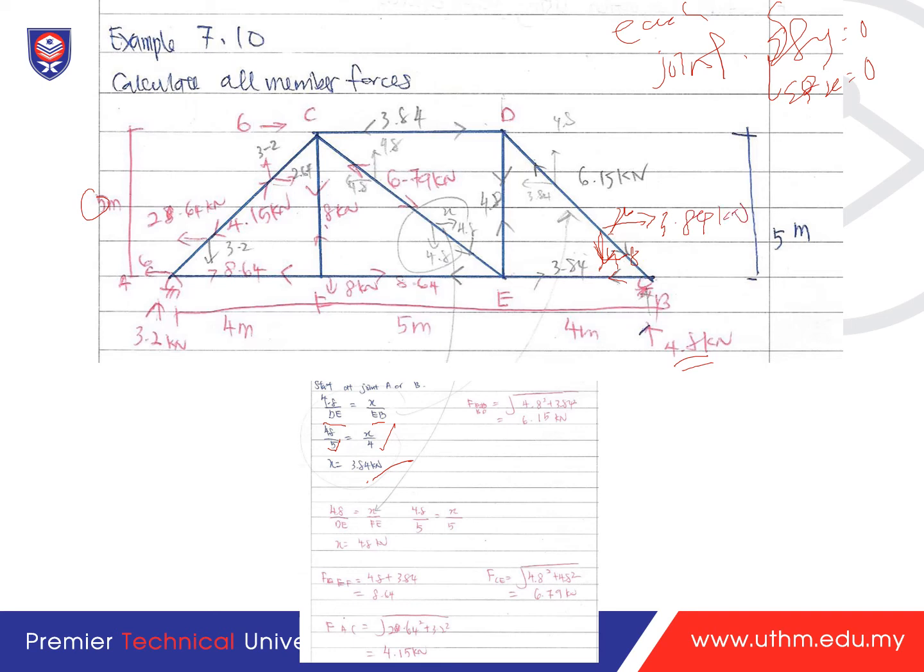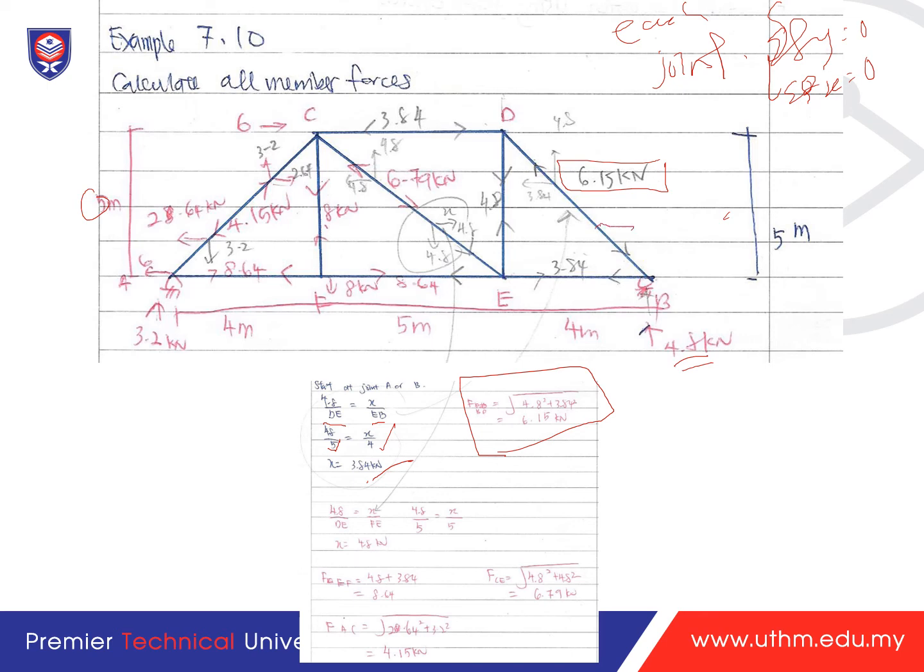When you have found this 3.84 kilonewtons and 4.8 kilonewtons, you can use these to determine the force FBD, which is equal to the square root of 4.8 to the power of 2 plus 3.84 to the power of 2. You calculate and get 6.15 kilonewtons. Let me remove this, it's not clear. You already found the components, so let me redraw this.